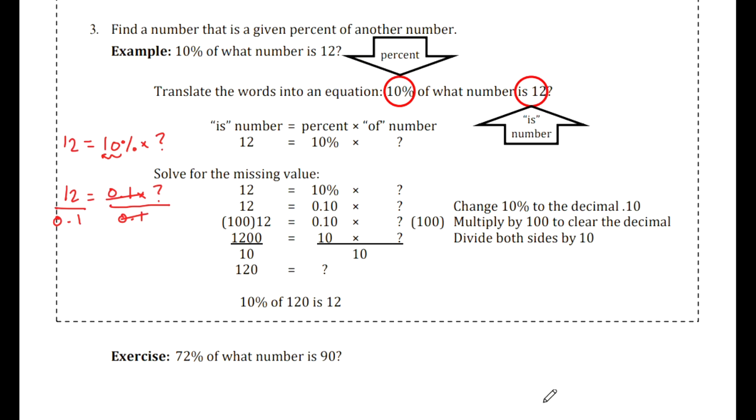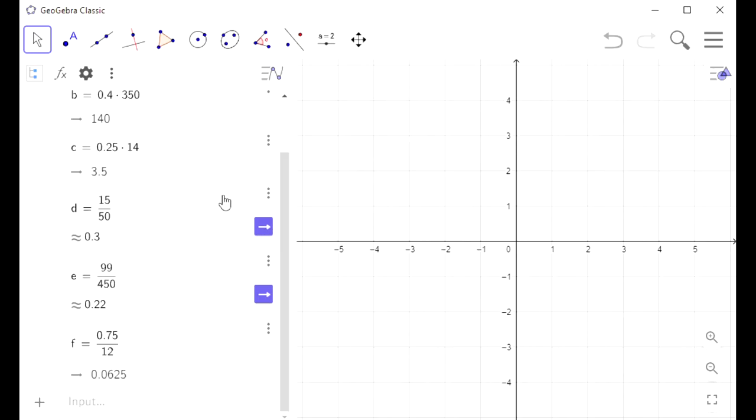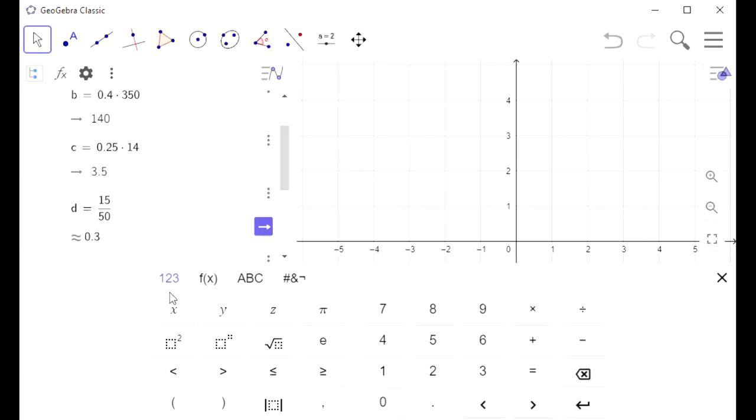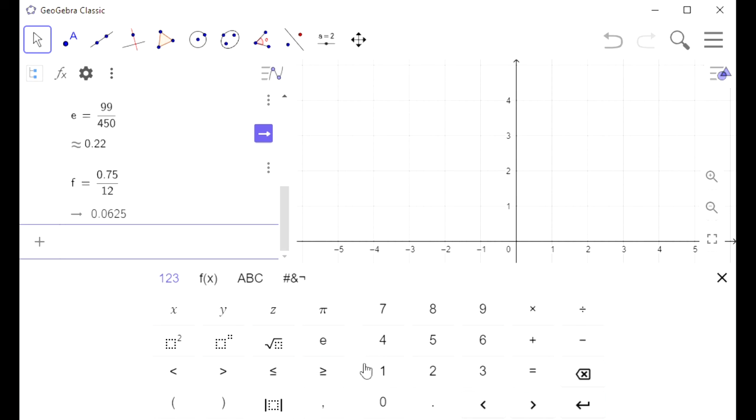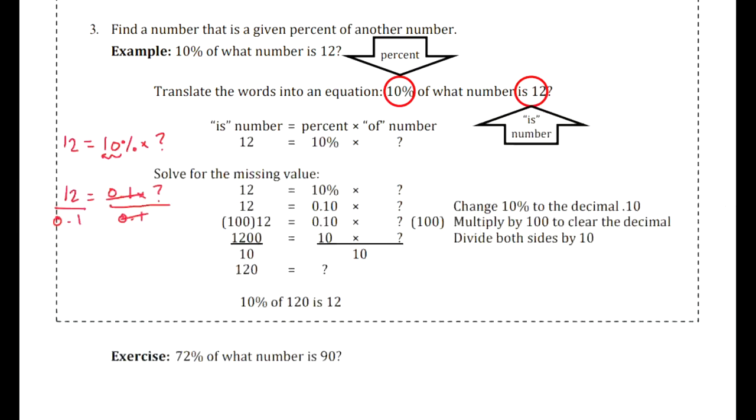So 12 divided by 0.1 gives us 120. So 10% of 120 is 12.